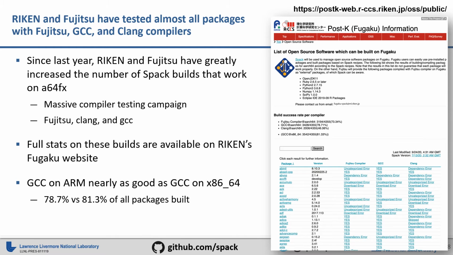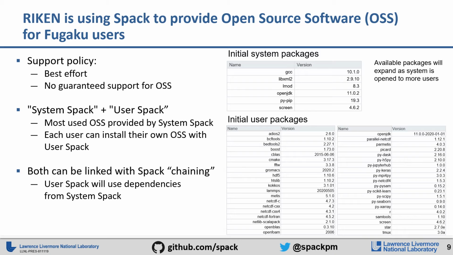All right. Riken is providing open source software to users with essentially 2 Spack instances. They have a set of core system packages in their system Spack instance, and this is the stuff that most everyone needs. They have a user Spack instance with a lot more HPC focused packages, and they use chaining to hook these 2 things up.